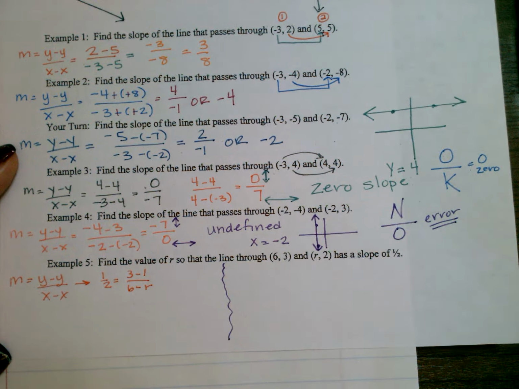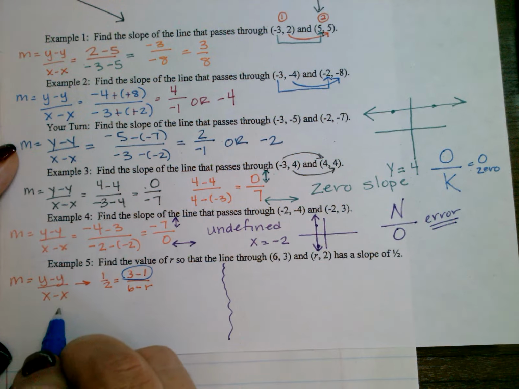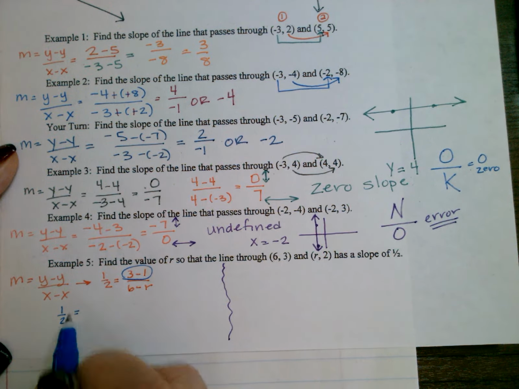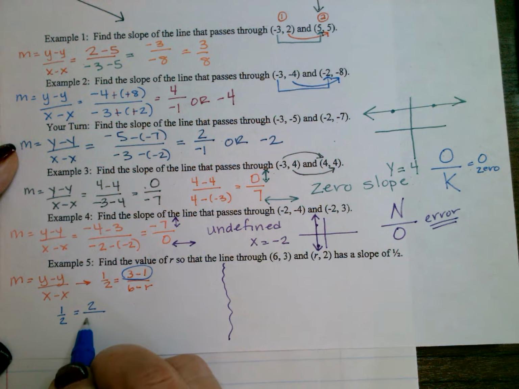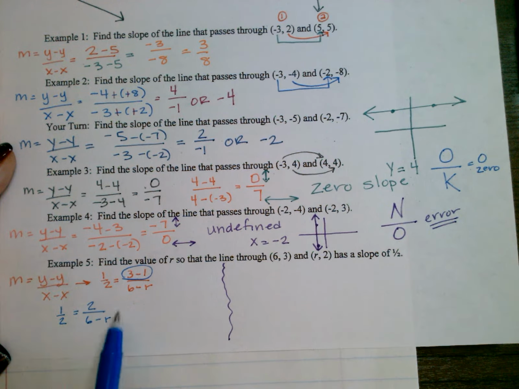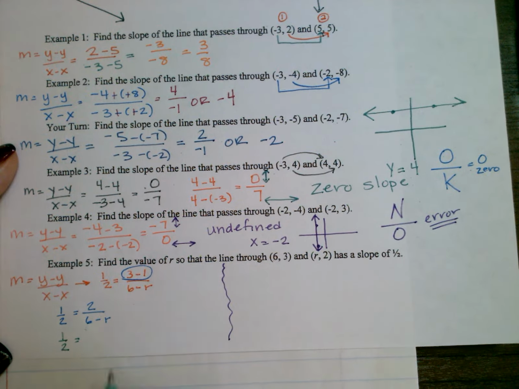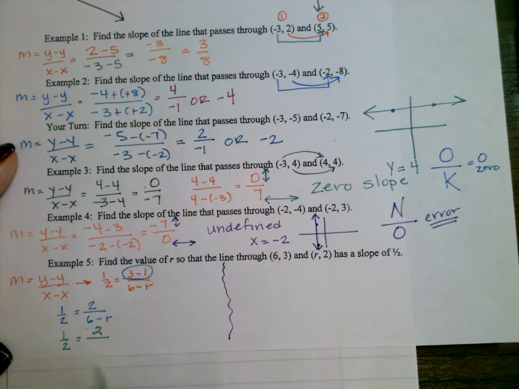There are a few different ways of doing this. Some we can just think our way through. First, I'm going to simplify the numerator there. So I have 1/2 equals 2 over 6 minus r. I need to write an equivalent fraction here. I need both of these to equal 1/2.